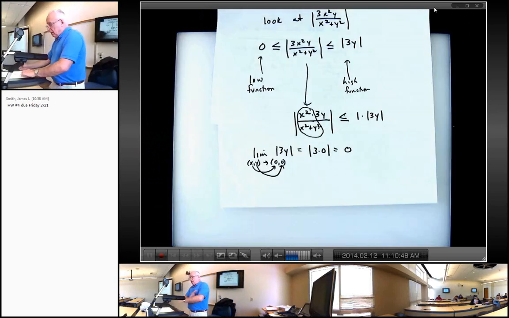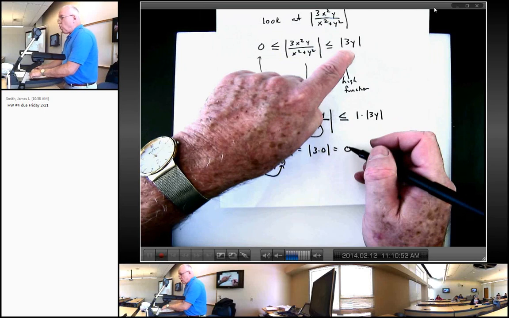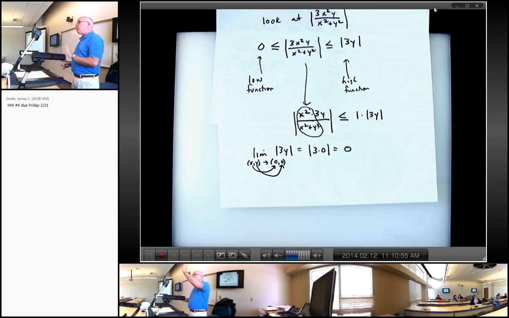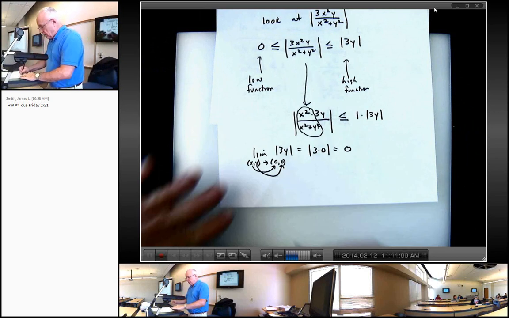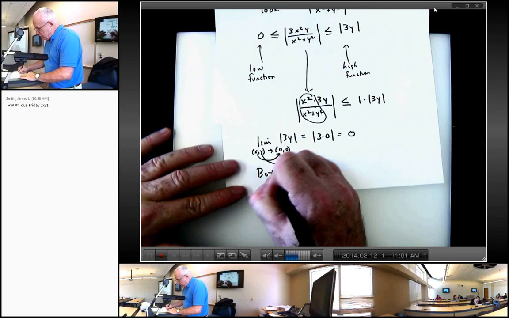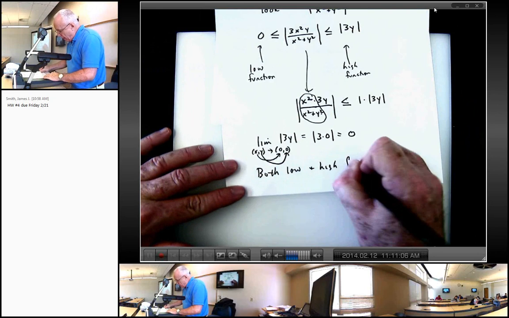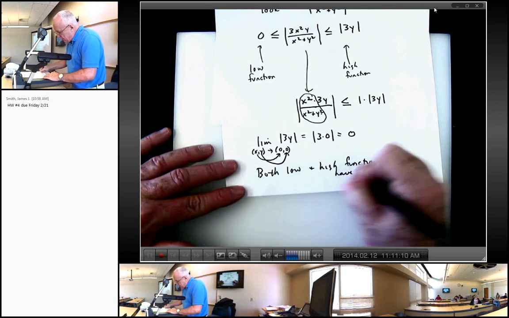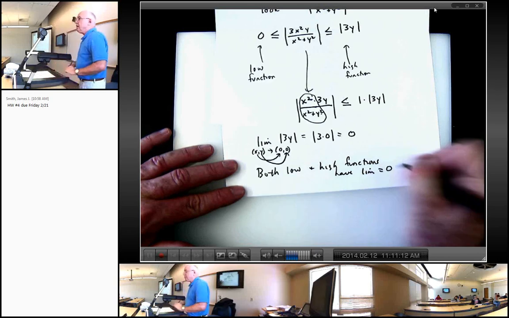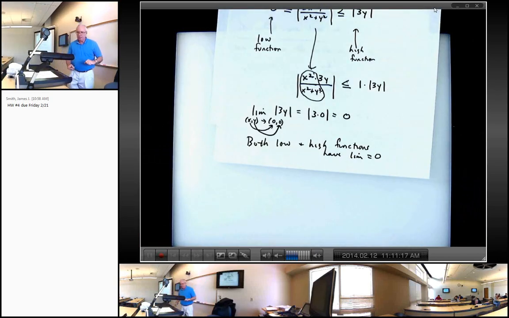So our top function has a limit of 0. If a function is always equal to 0, its limit is going to be 0. So both the low and high functions have limit equal to 0. Therefore, my middle function has a limit equal to 0 by the squeeze theorem.